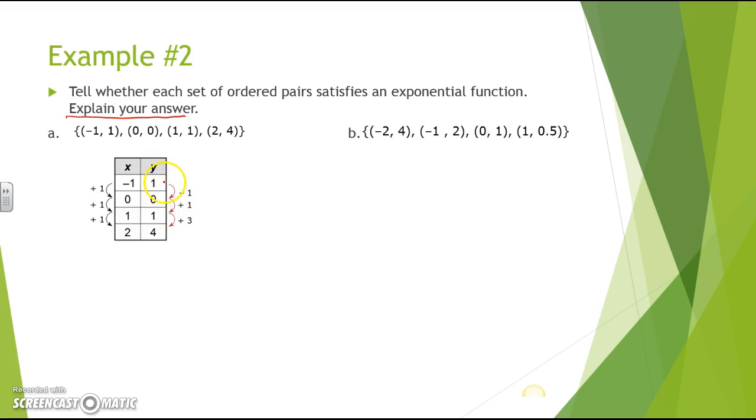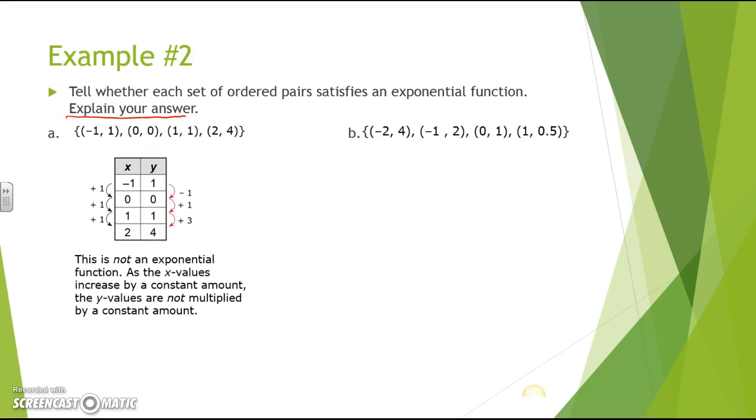Notice there's no consistency of increase with the y's. So from 0 to 1 it's plus 1, 1 to 1 is plus 0, and 1 to 4 is plus 3. So this situation here is not an exponential function because as the x values increase by a constant amount, the y values are not multiplied, notice not multiplied, by a constant amount.